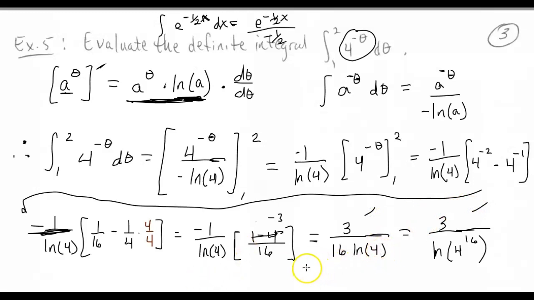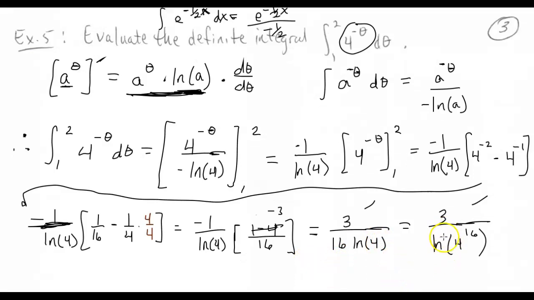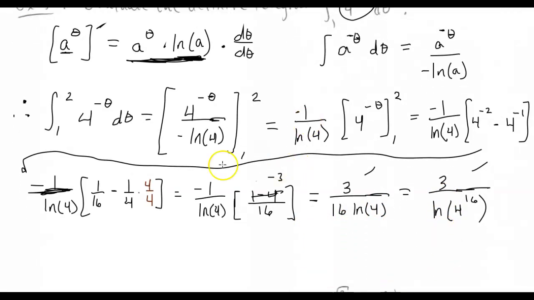We could also, just as another alternative way of doing it, let's say here we wanted to rewrite 4 as 2 raised to the 2. So if I did that here, then of course I could take this 2 and pull it out.